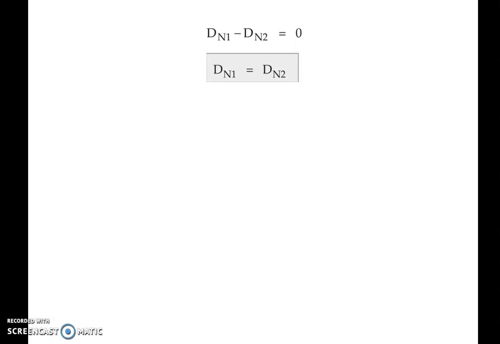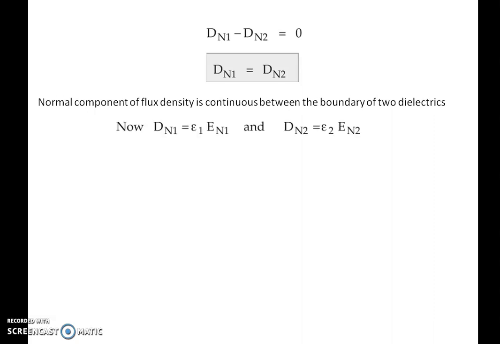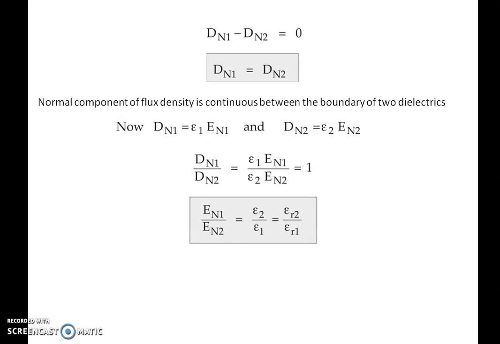So we can say the normal component of the flux density is continuous. It remains the same between both the boundaries. And the normal component of electric field intensity can be obtained by DN1 equal to epsilon 1 into EN1, DN2 equal to epsilon 2 into EN2. So substituting this, you will get EN1 by EN2 equal to epsilon 2 by epsilon 1.